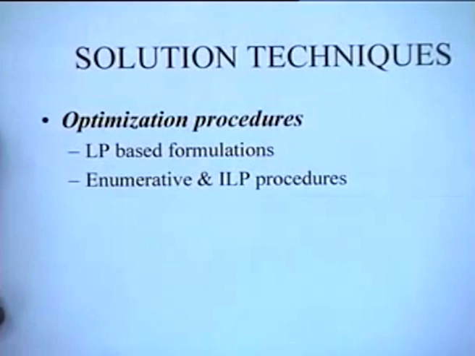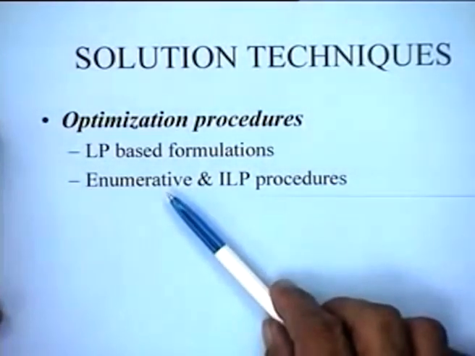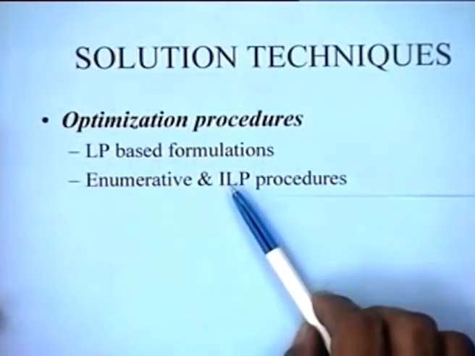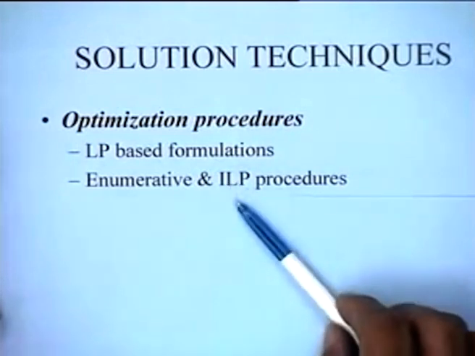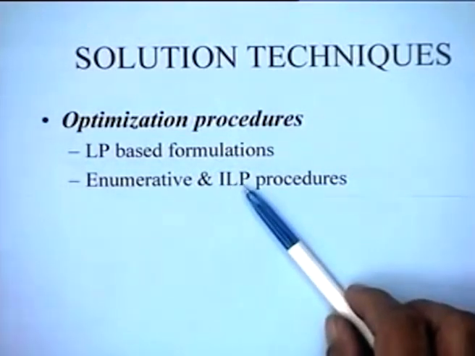The other approach to optimization procedures is enumerative and integer linear programming approaches. Essentially the problem of determining a project schedule is a combinatorial problem. Why is it a combinatorial problem? Simply because there are many possible options for the starting date of a particular activity.